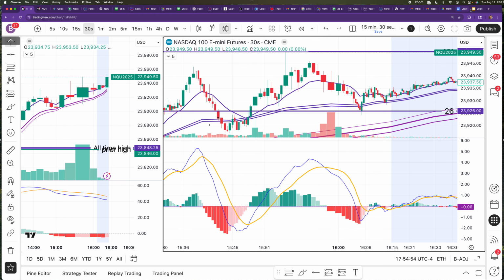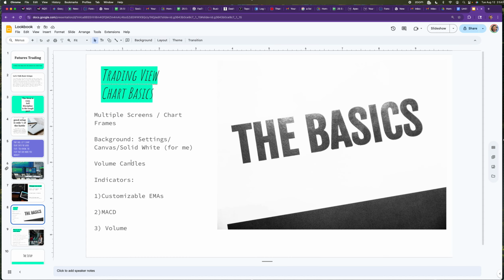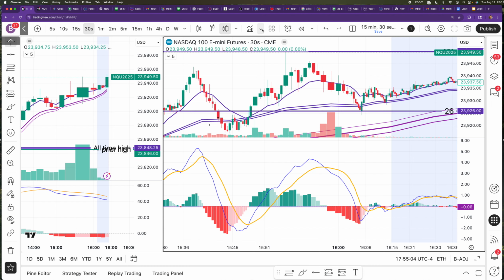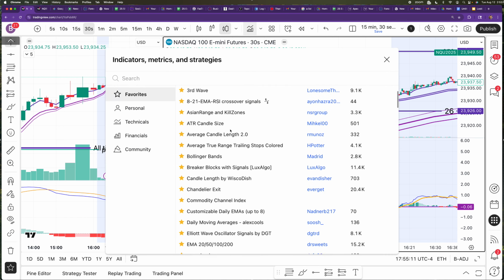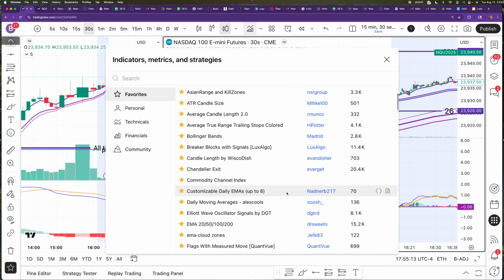Okay. The next thing I look at are my 3 indicators. I use customizable EMAs, MACD, and volume. Okay, so let's get into all that right now. As far as that goes, you go under these indicators here, and if you want to find that one, it's customizable daily EMAs by NADNERD 217.